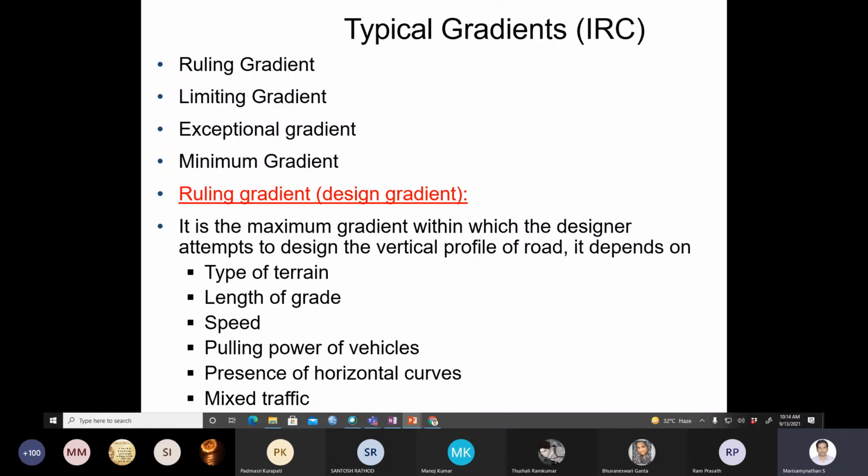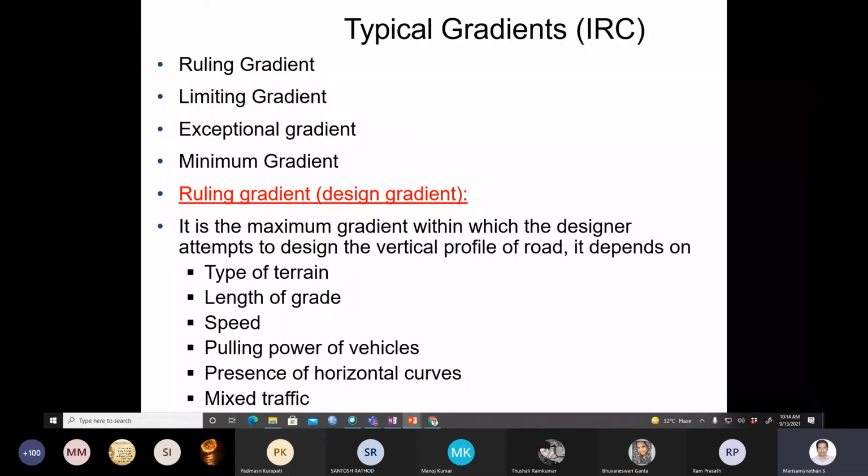But when it is coming to the IRC, it has four typical gradients. One is the ruling gradient, second will be the limiting gradient, exceptional gradient, minimum gradient. So the ruling gradient is nothing but the maximum gradient the designer is planning to achieve on the vertical given profile on the field. So what is the maximum gradient we are providing with respect to the designer's attempt on the vertical profile?